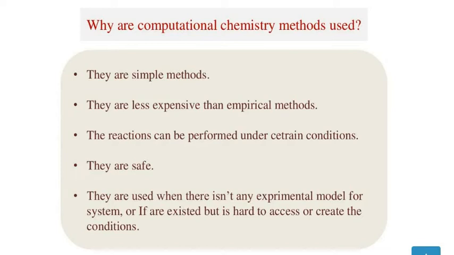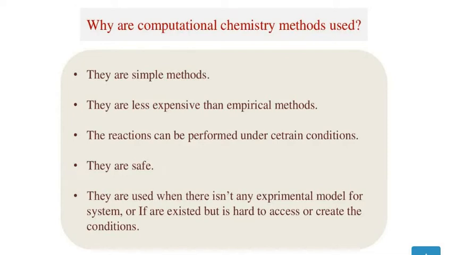Why are computational chemistry methods used? These questions are always in the beginner's mind: why, and what are we getting from computational chemistry? So why are computational chemistry methods used?